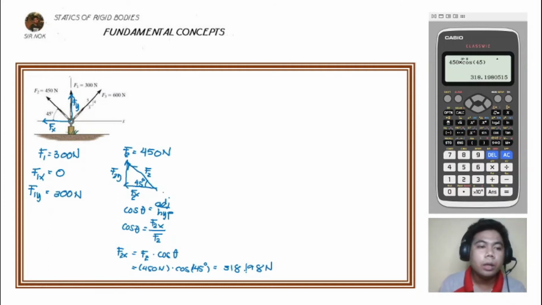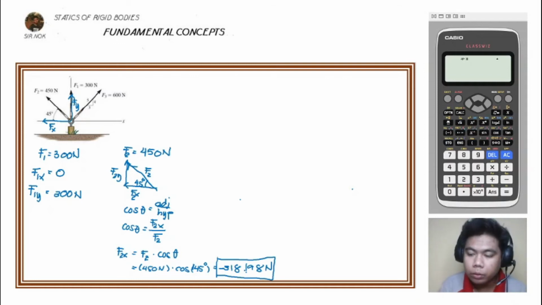Since the x component is along the negative x-axis to the left, the sign is negative. So negative 318.198 newtons.